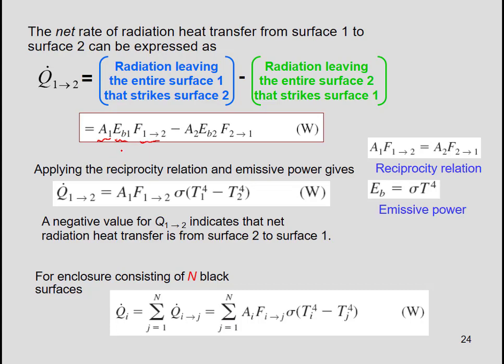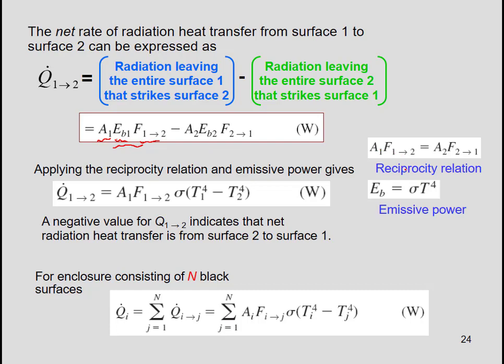Now you can understand why this view factor is important, because only that part of the radiation which strikes from one surface to another surface is responsible for the radiation heat transfer. So this is the amount of the radiation heat transfer from surface 1 to 2. This is the amount of the radiation heat transfer from surface 2 to 1. And if we are interested to know the net rate of radiation heat transfer from surface 1 to 2, we should use this equation. This amount minus this amount.